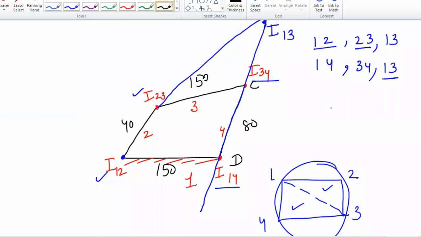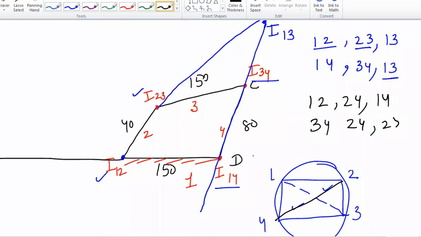And the same for this diagram. What are the I center names? 1 2, 2 4 and 1 4 are collinear. Similarly, I24, 2 3 and 3 4. Correct? So 1 2 and 1 4 we know. So 2 4 is coming on this straight line. It can be over here, it can be over there.